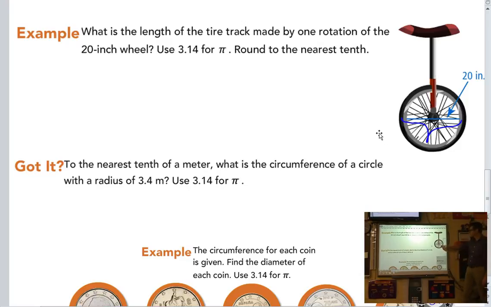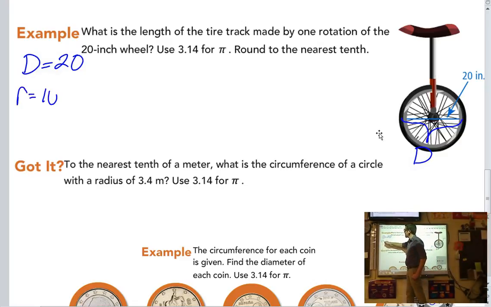Not the radius, but the diameter. That will be our diameter. So we see up here, the diameter is 20. What else can I figure out if the diameter is 20? Sean? Radius is half of that. The radius is half of that, or 10. But if I'm looking for circumference, I don't need the radius if I have the diameter.